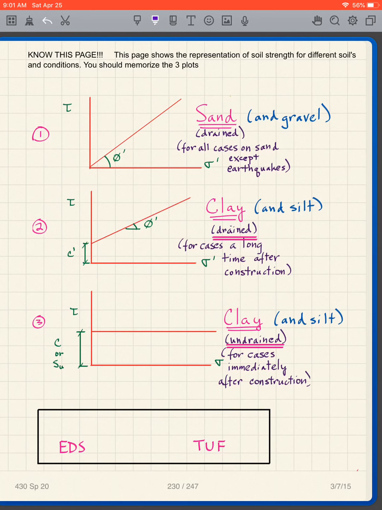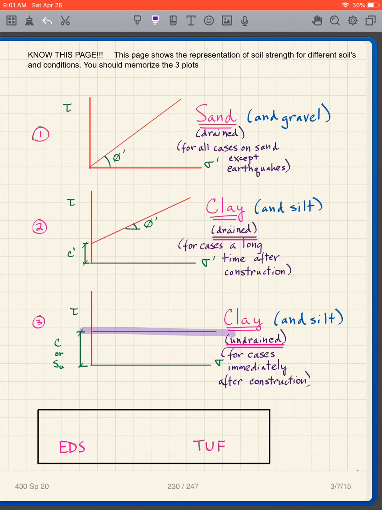And then we have clay and silt undrained. In other words, if I run the test fast in the lab, then I get a different failure envelope. It looks like this. It's horizontal. And first of all, notice that I have sigma, not sigma prime. Up here is sigma prime, up there is sigma prime, but down here it's sigma.